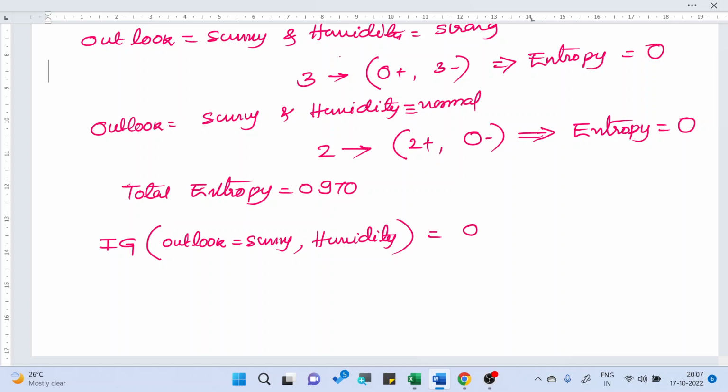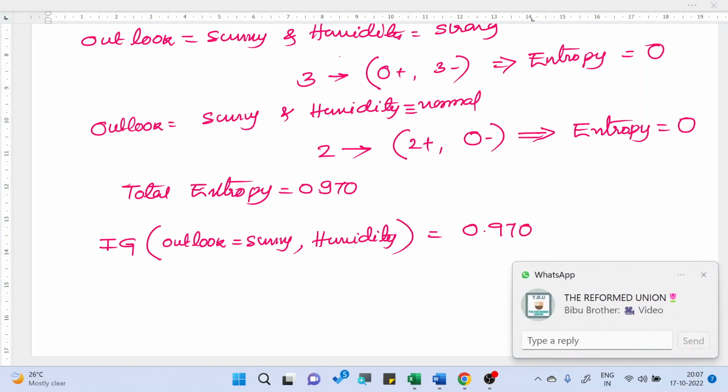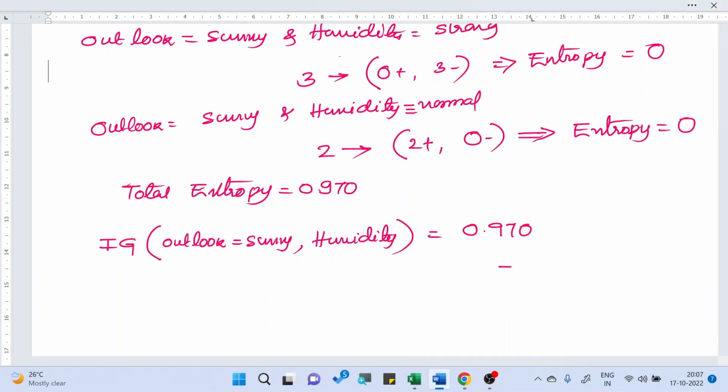Total entropy 0.970 minus, total 5 examples, strong 3 examples out of 5, the entropy of the strong is 0, minus 2 examples of normal out of 5, entropy is 0.